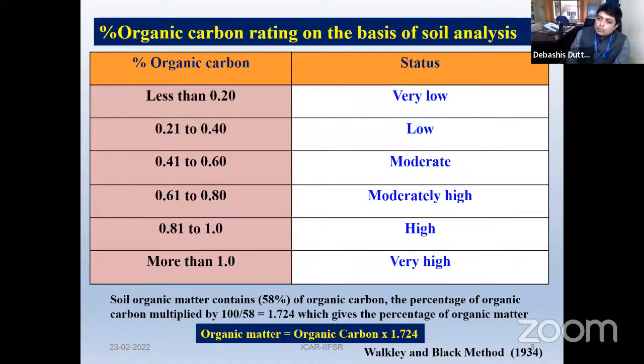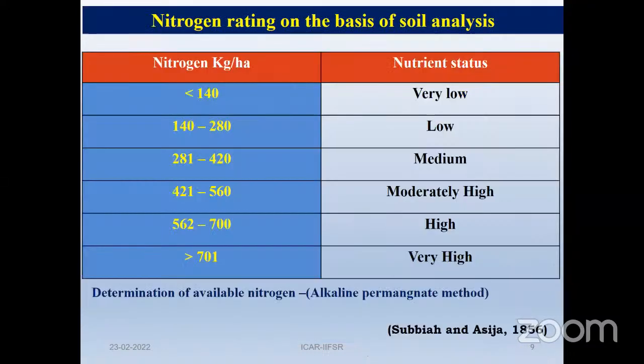This factor should be multiplied with the organic carbon to indicate the organic matter content in the soils. This organic matter covers the whole organic carbon in the soils, from which we can recognize the soil health status under organic production systems.